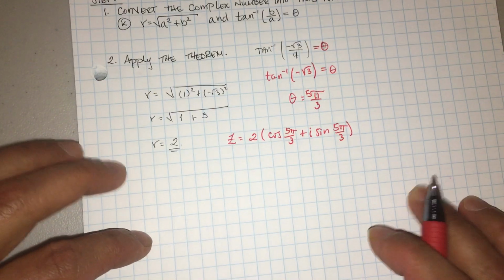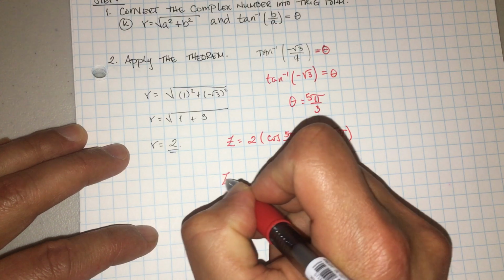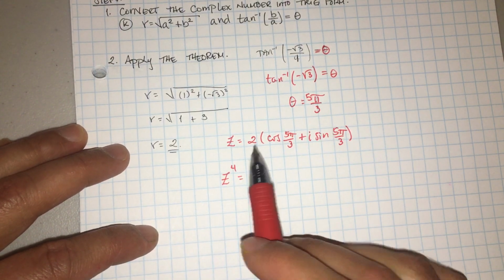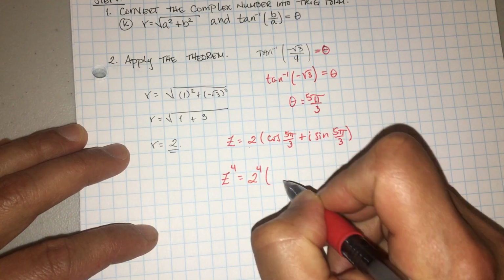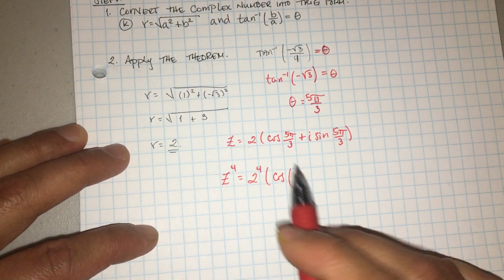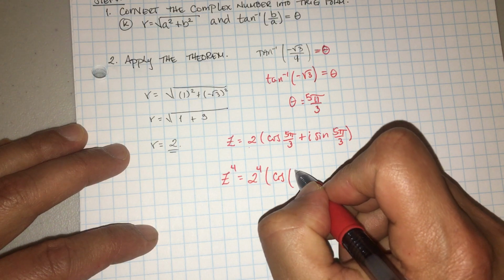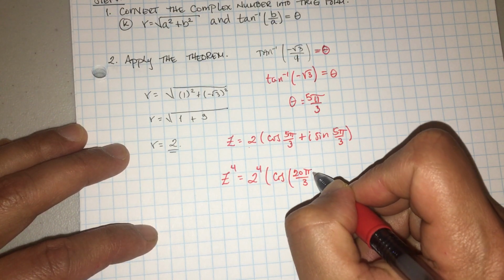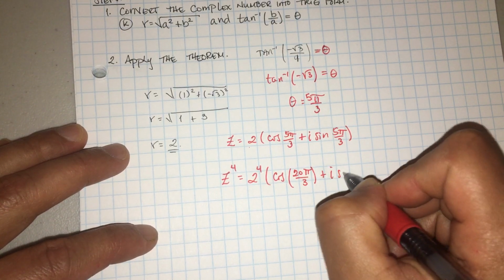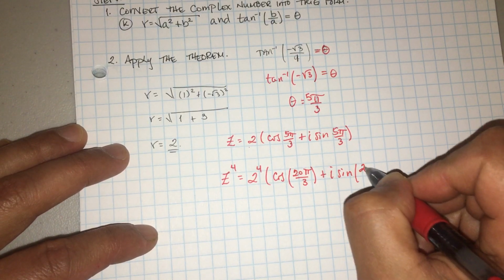It's 4. So z to the fourth power gives 2 to the fourth power, times cosine of 4 times 5 pi over 3, which is 20 pi over 3, plus i sine of the same thing, 20 pi over 3.